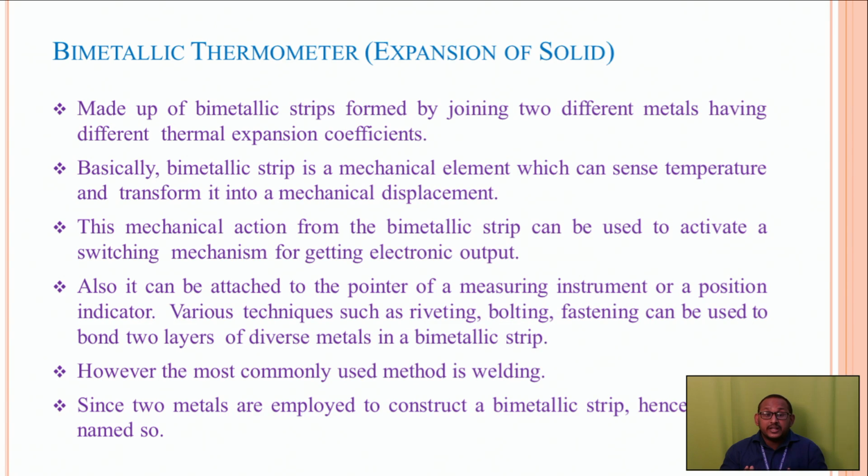These metals expand or contract based on an increase or decrease of temperature. Since the metals are different, they have different expansion coefficients, and based on the expansion we measure the temperature.